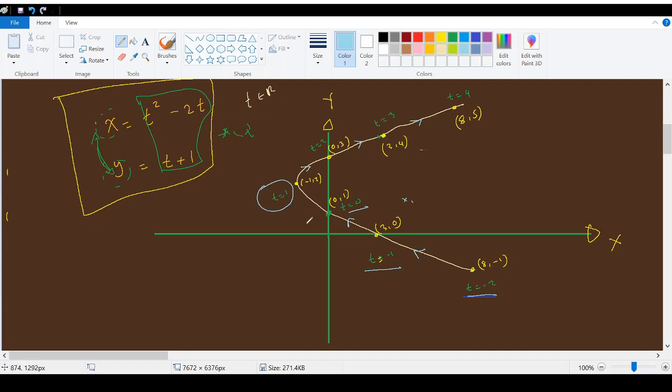So if you are given a certain parametric curve like this, and if they have mentioned an arrow in this direction, then the data that we can extract from this arrowhead is that when t increases, the curve will move in this direction but not the other way, right?